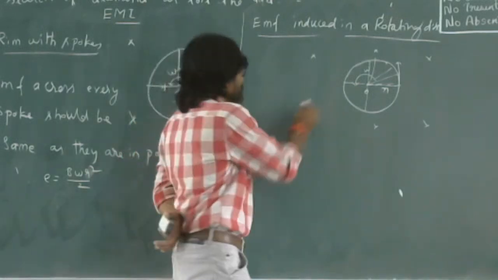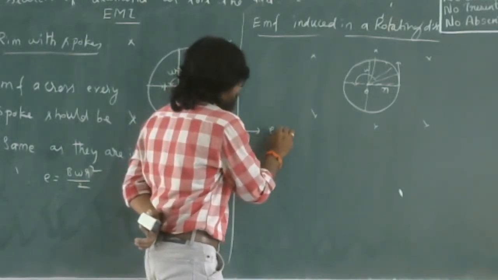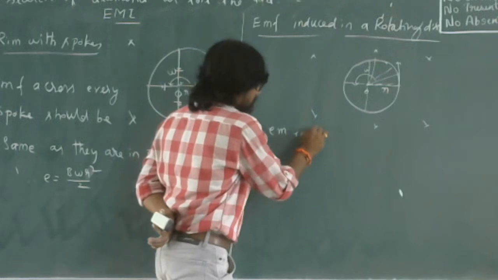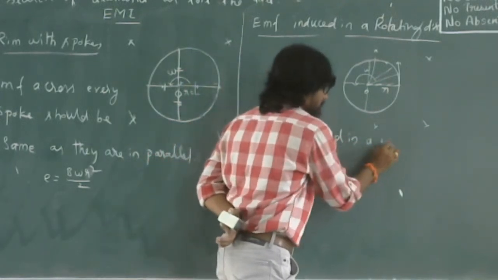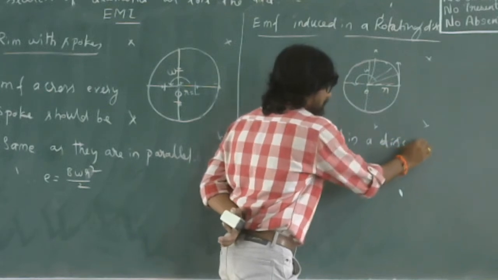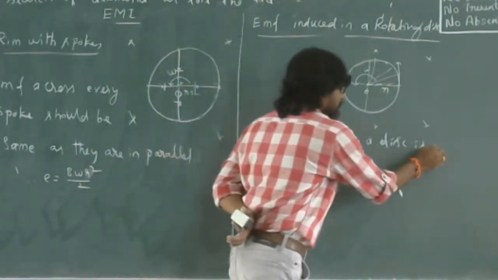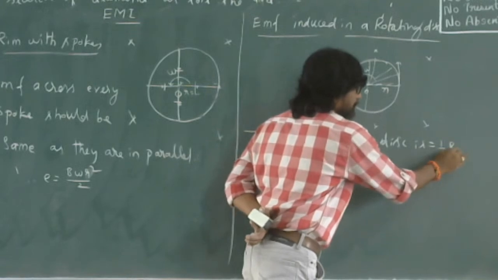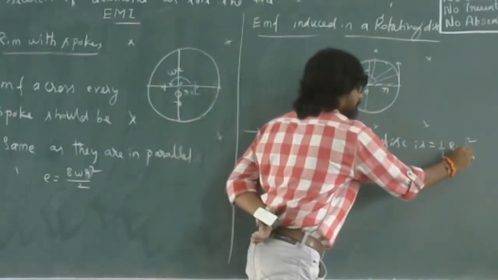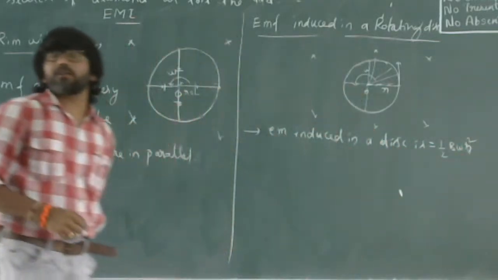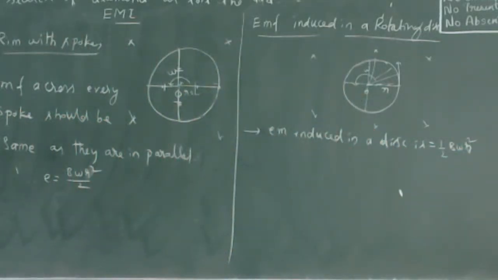Okay, so you can see here: the EMF induced in a disc is equal to half B omega L square, or R square, if the length of the spoke is identical to the radius of the disc.